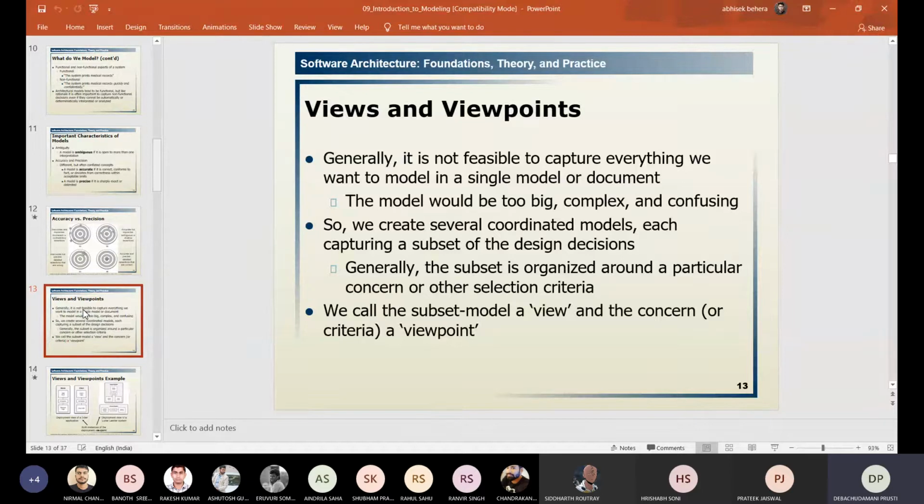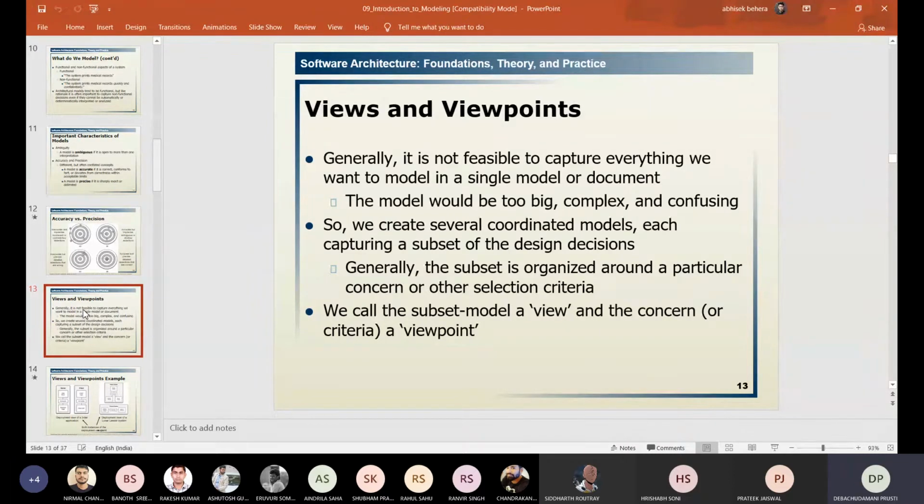Generally, this subset is organized around a particular concern or other selection criteria. So we are organizing around some particular aspect, and we have some selection criteria for how to choose the coordinated points to merge all the documents into a particular model.